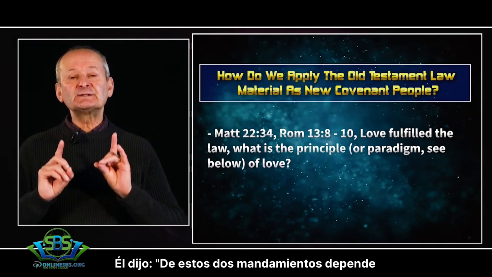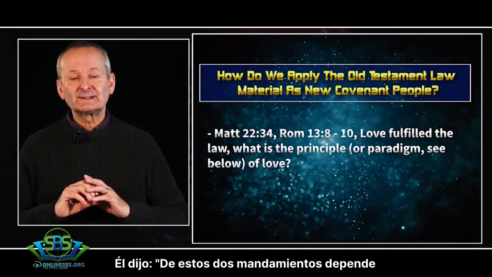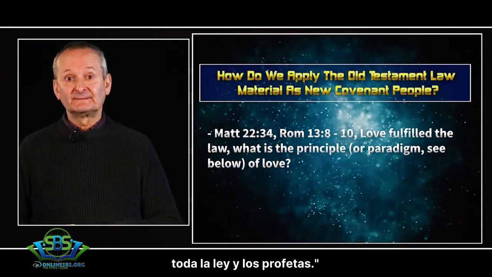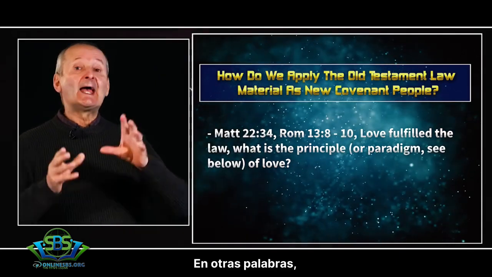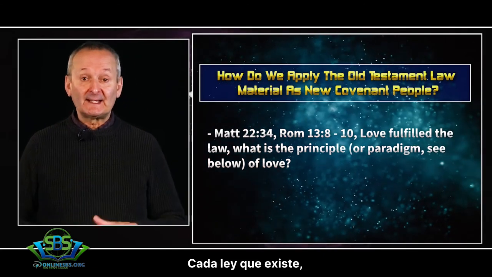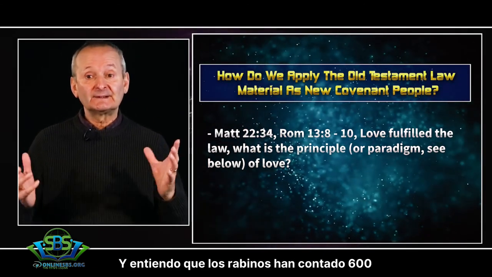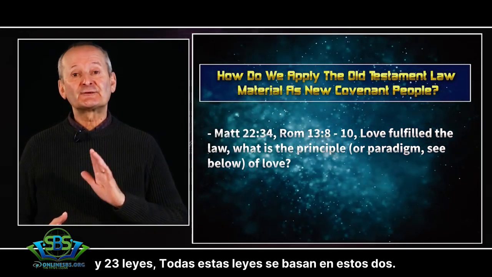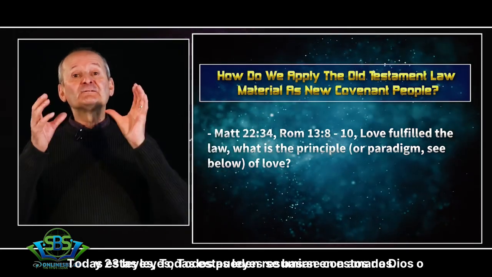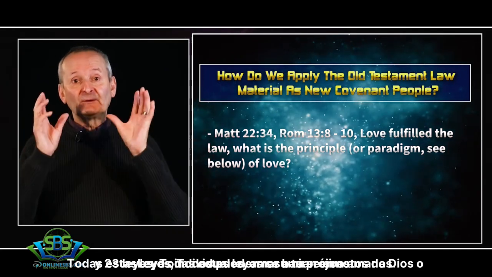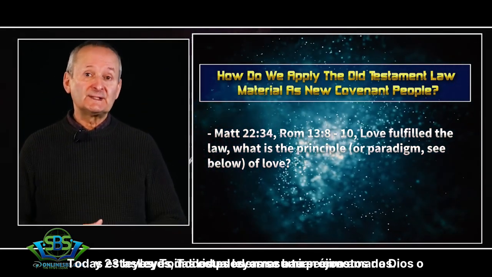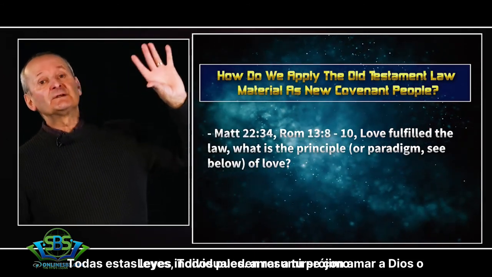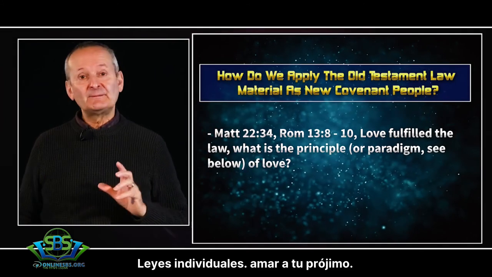He said, on these two commandments rest all of the law and the prophets. In other words, every law that is there, and I understand that rabbis have counted 613 laws, all of these individual laws rest on these two. They could all be summed up with either loving God or loving your neighbor.